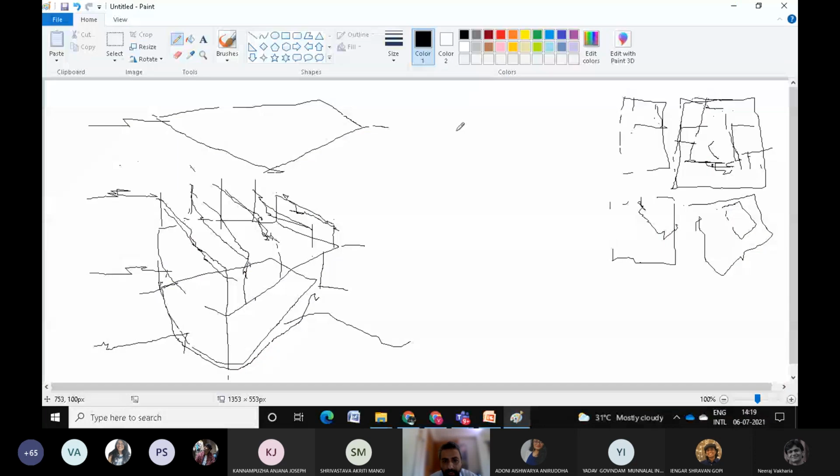So if I have a flat slab, usually I do not put the columns at the end. I put the columns somewhere here.